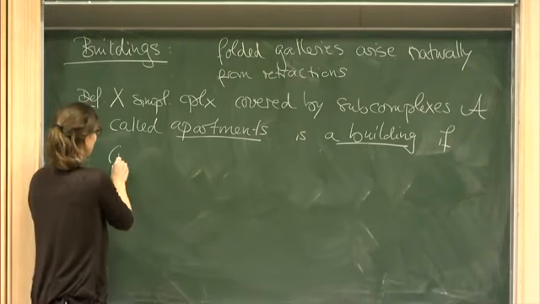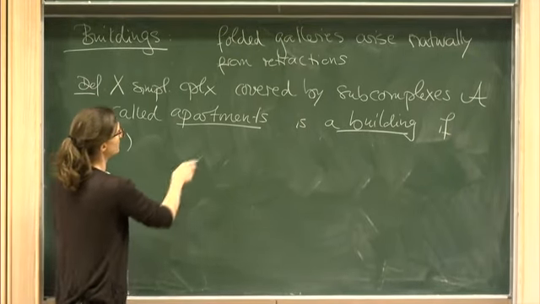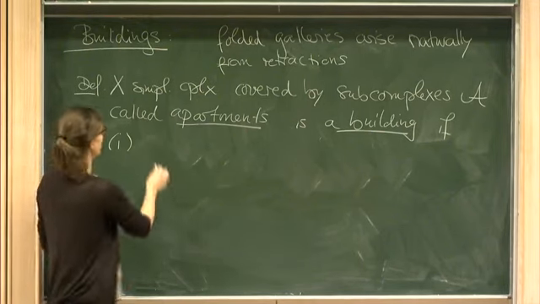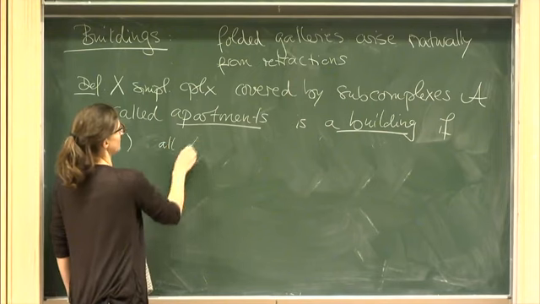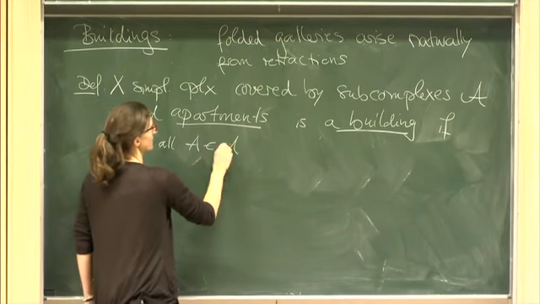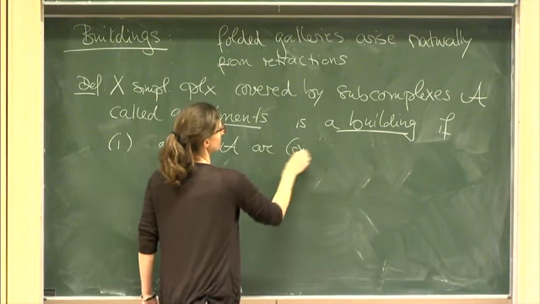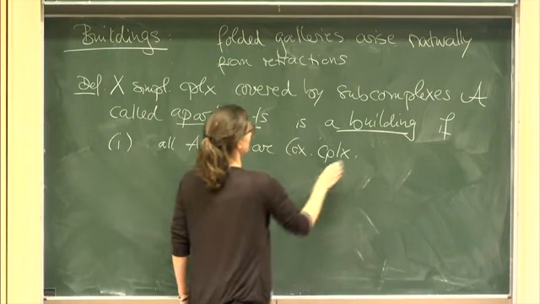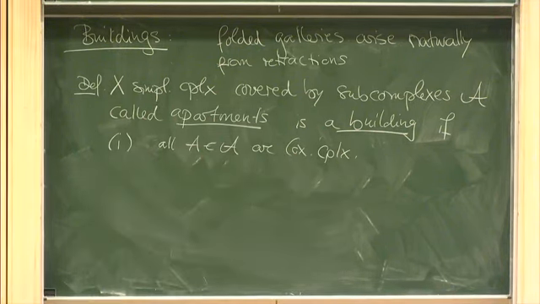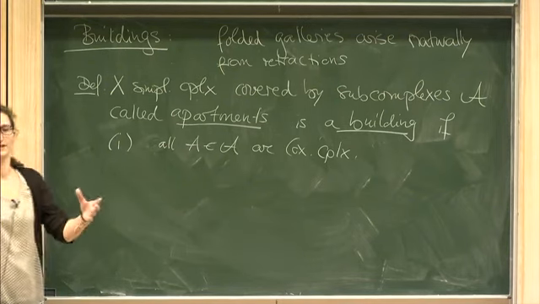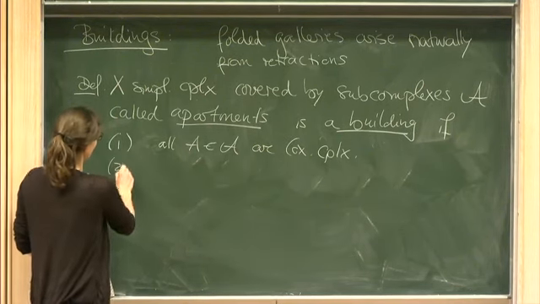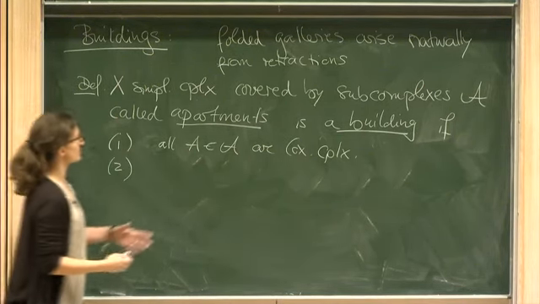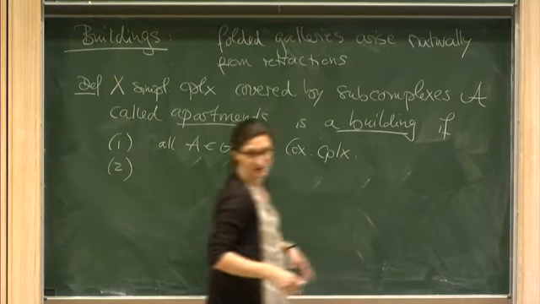So for one, each of these subcomplexes should be a Coxeter complex. So all A in the atlas are Coxeter complexes. So they become the building blocks of your buildings. So you glue together Coxeter complexes. And you do it in a way so that this atlas is very rich.